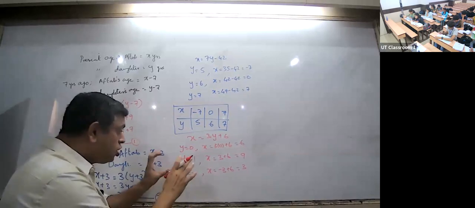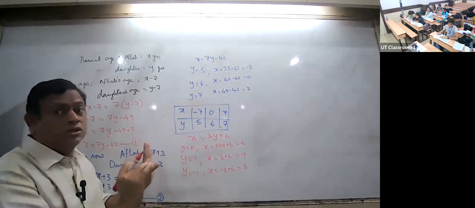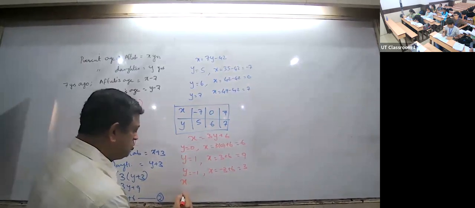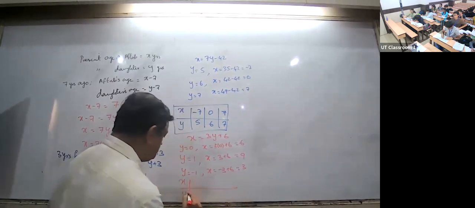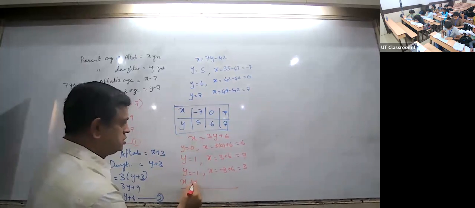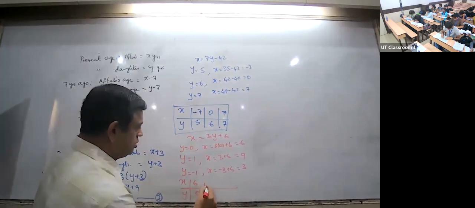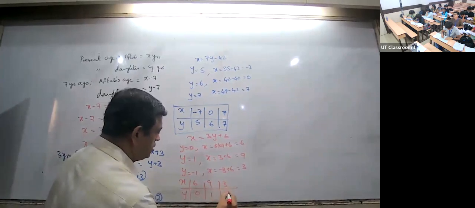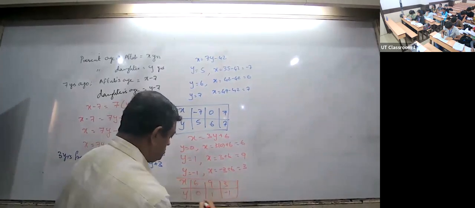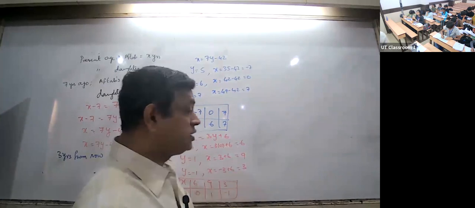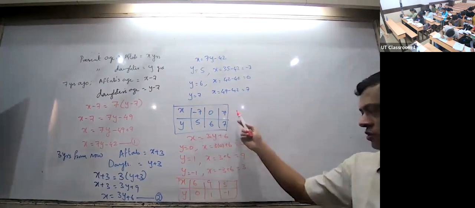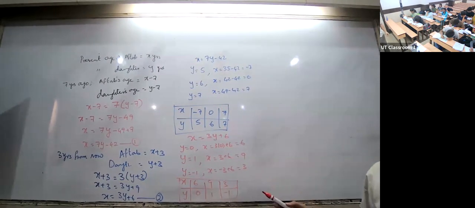There is no hard and fast rule. What I have taken, you have to take, nothing like that. Then x, y: x value is 6, y value is 0. x value is 9, y value is 1. x value is 3, y value is minus 1. Check what are the values of x and y. You can see x values are from minus 7 to 7, and here it is still 9.